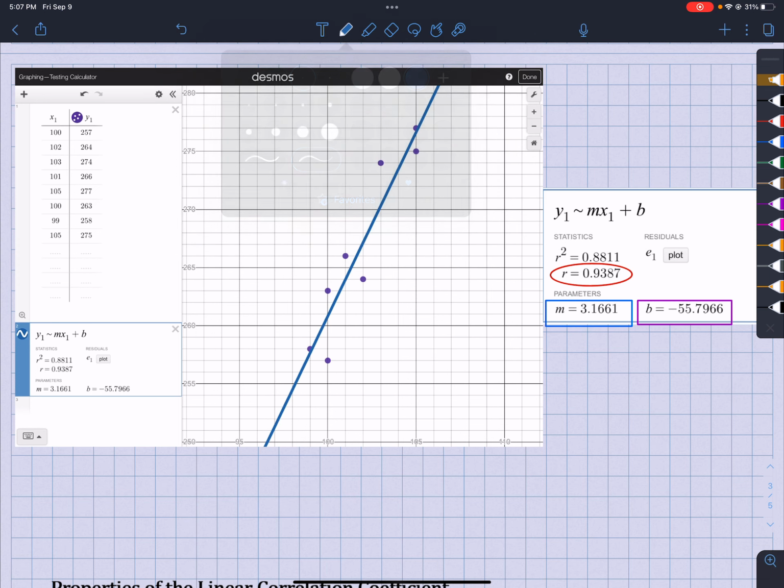So this line right here is going to be y is equal to 3.166x plus, or actually minus 55.797. So I have an equation for this line that I've drawn, that it has drawn. I didn't draw it. It has drawn, right? And then we'll talk about the correlation coefficient in a little bit. So that is exactly what this is giving me right here, okay?